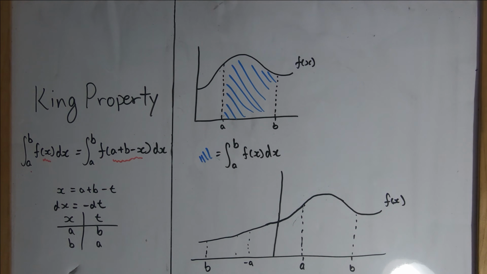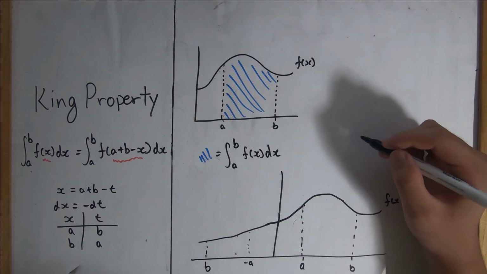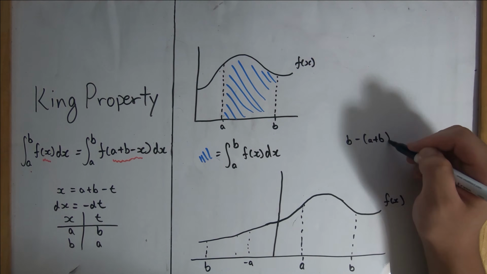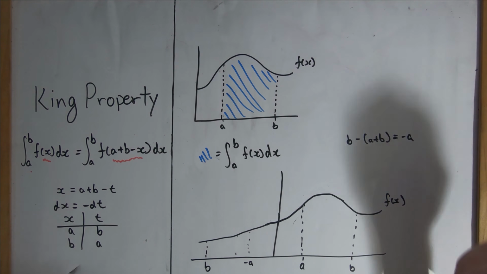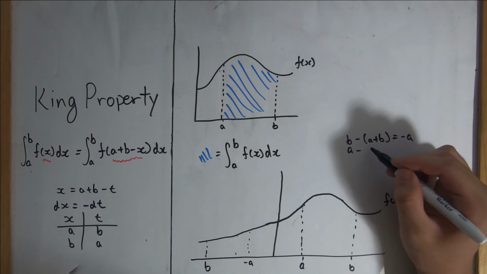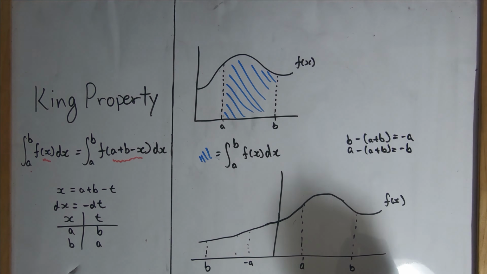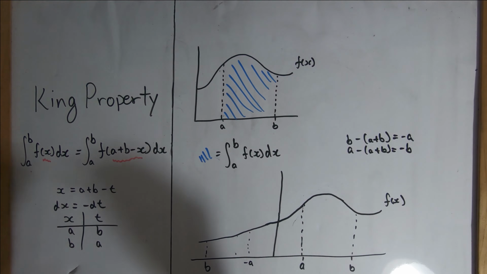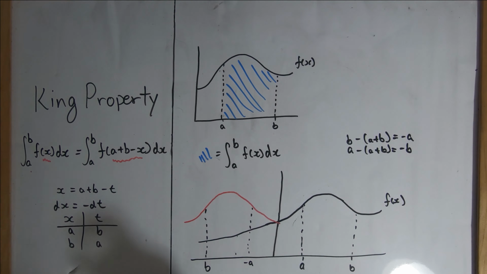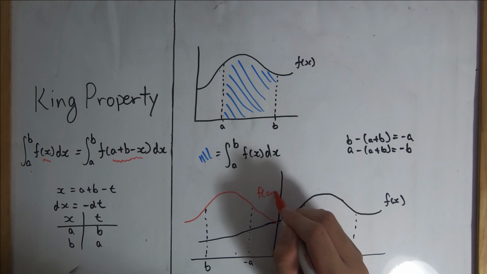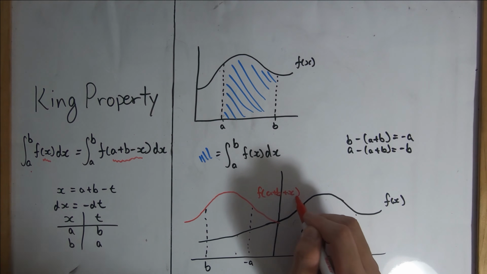What this means is, what used to be on b will move negative a plus b, or to negative a, and what used to be on a will likewise move negative a plus b, or to negative b. Let me sketch this curve using red and label the graph. Now let's consider the graph of f of a plus b minus x.